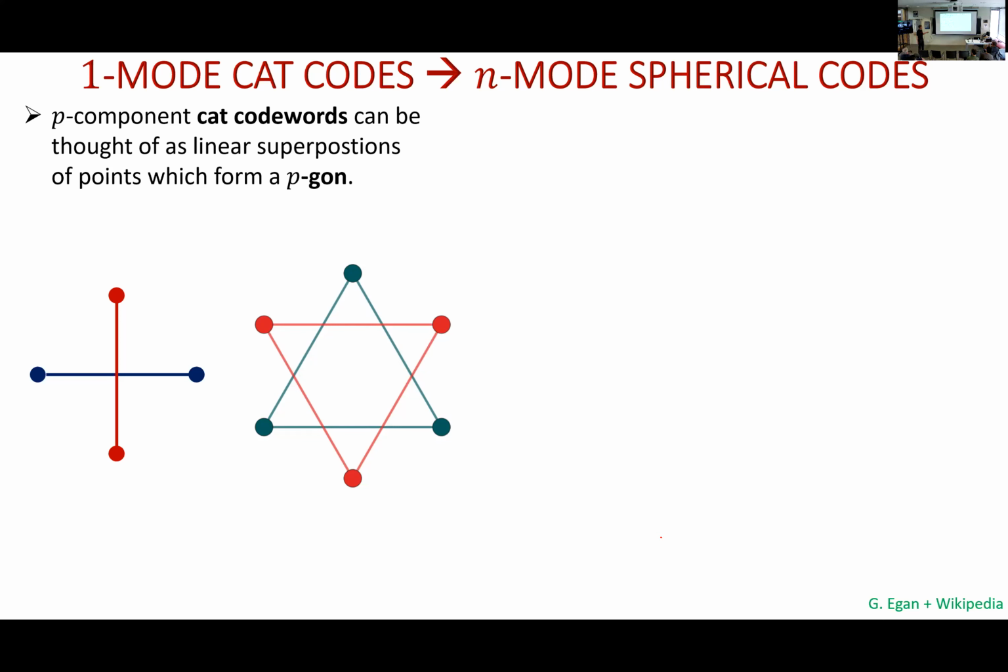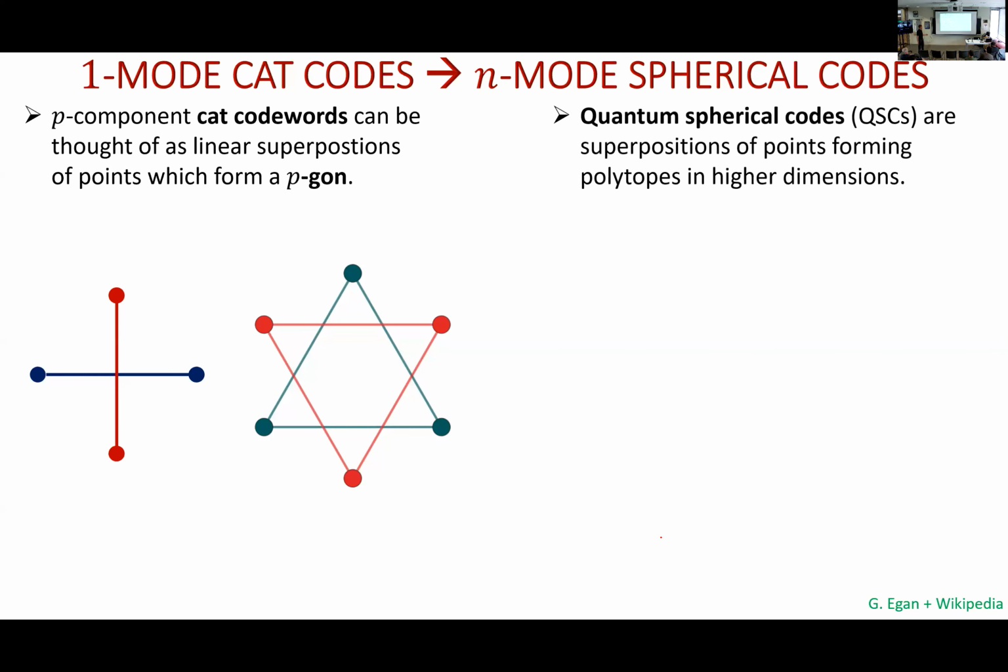So do these together, the two code words or logical basis states form a square. Then if you use now 3 states per code word, you get 2 triangles, and this whole set of 6 equidistant states on a circle form a hexagon, vertices of a hexagon. And this is the simple generalization.